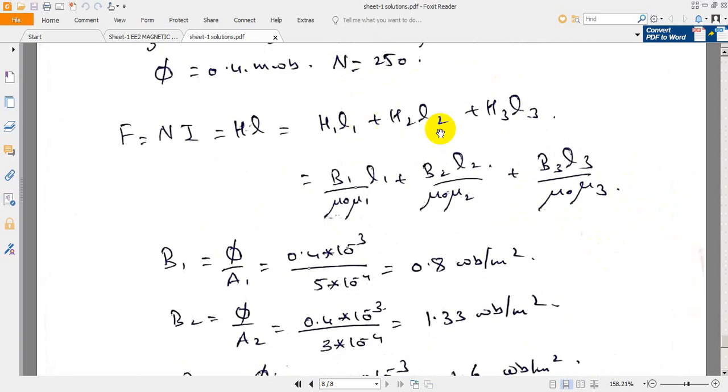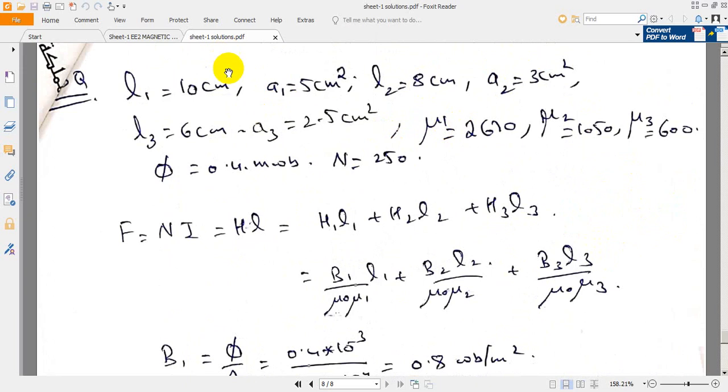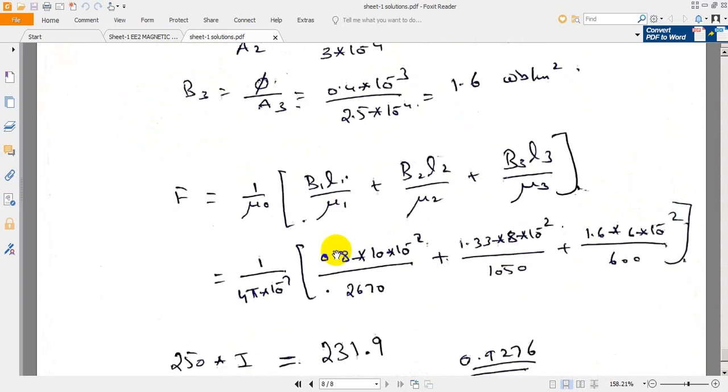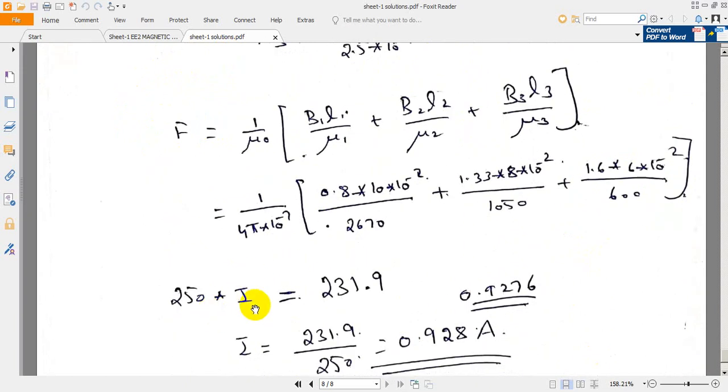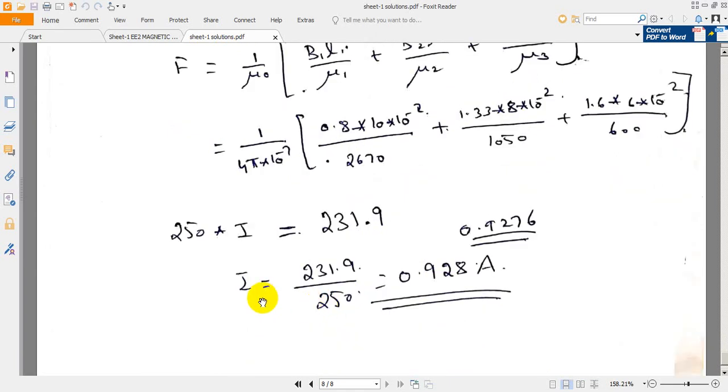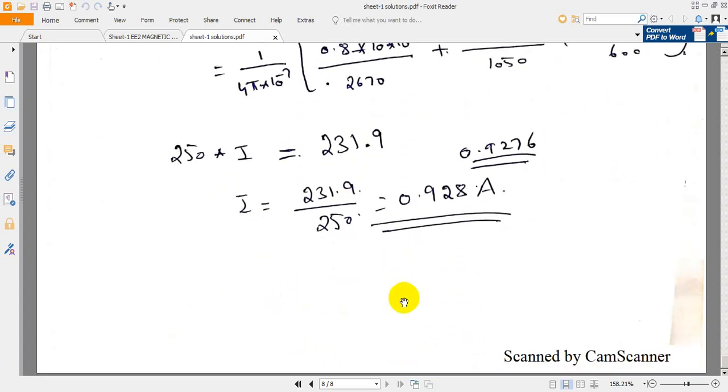These are the length of core 1, length of core 2 and length of core 3. Substitute the values, you will get 250 into I is equal to 231.9, and current flowing through this is 231.9 divided by 250, which is equal to 0.928 amperes.